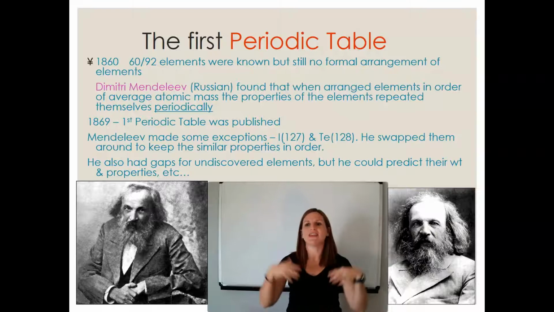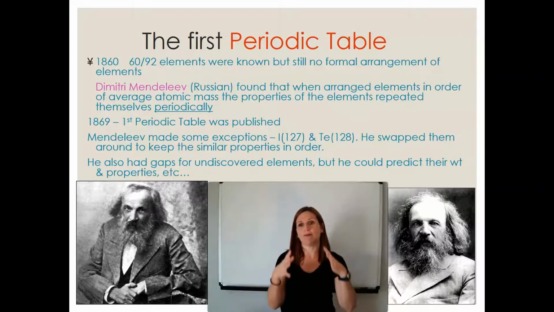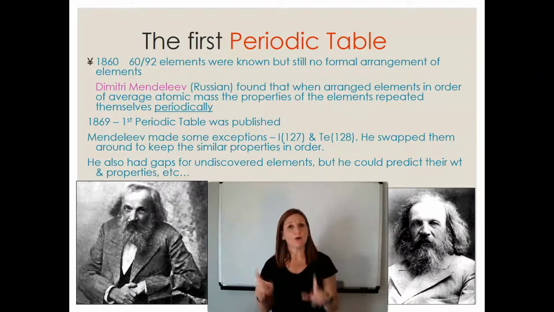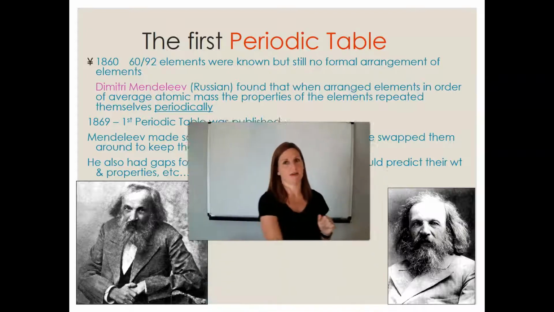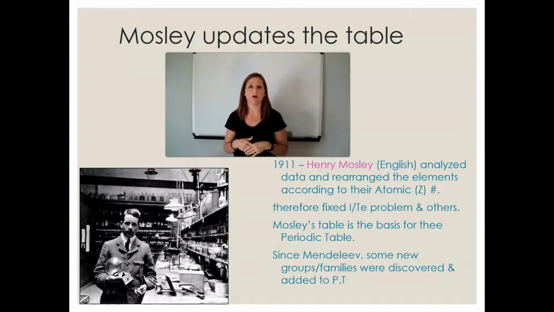So Mendeleev had the idea for the periodic table, and he created a periodic table using average atomic mass. But it was Moseley that finished the table, and it was Moseley's updates that create the table that we have today. So this periodic table was finally made in 1911.